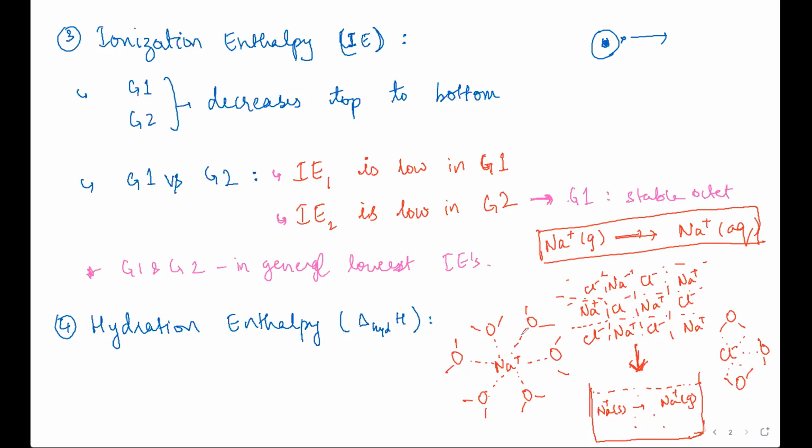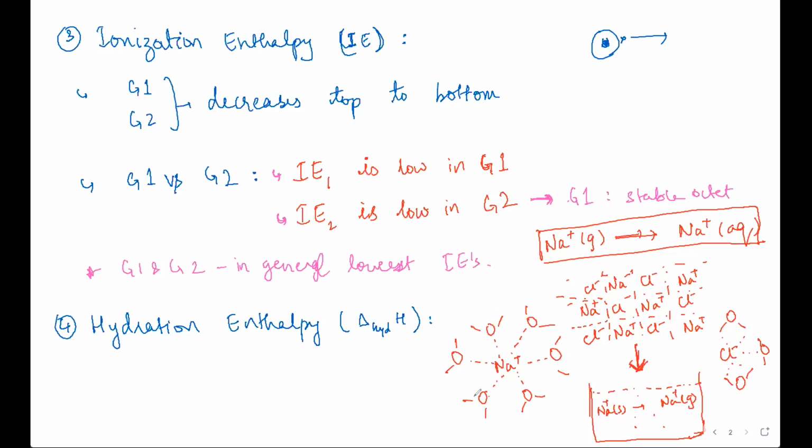Okay. So this depends on a lot of factors. Of course, how much it can be hydrated depends on the size of the ion. This also affects the mobility of the ions. If they are less mobile, then the ions get less reactive. If they are extremely mobile, then they're extremely reactive.